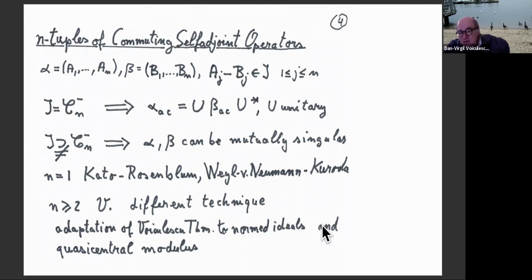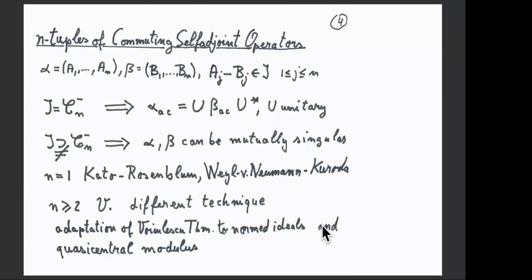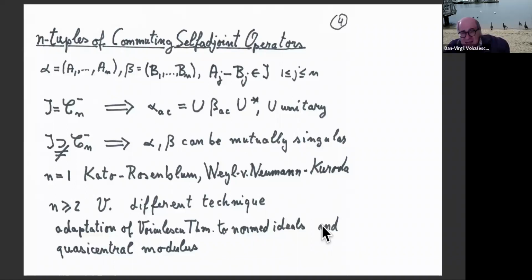So I assume that the perturbation gives again a commuting N-tuple. It's from commuting N-tuples to commuting N-tuples. Then, if the normed ideal is C minus N, this N,1 class, then the Lebesgue absolutely continuous part of the spectrum of the operator is preserved.